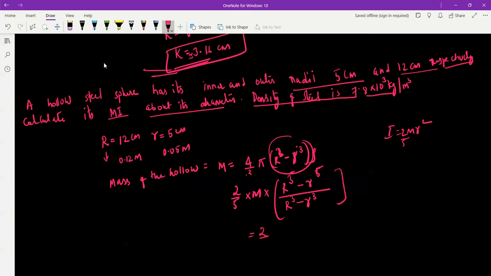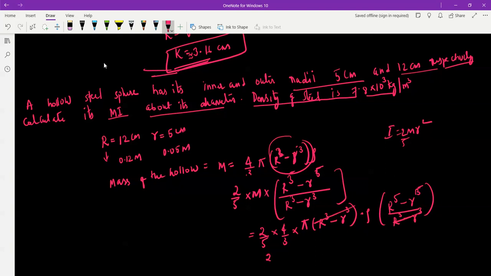That is 2 by 5 into 4 by 3 into pi (R cube minus small r cube) into rho (R to the power of 5 minus small r to the power of 5) divided by (R cube minus small r cube). R cube minus small r cube gets cancelled.